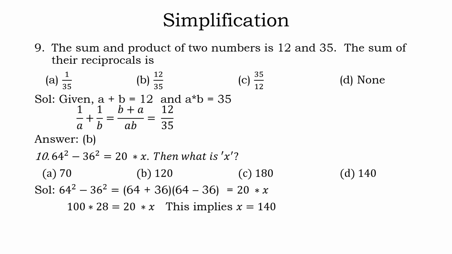So on simplification, 64 plus 36 is 100, 64 minus 36 is 28, equal to 20 into x. 20 divides 100 5 times, so 5 into 28, so x equals 140. So the answer is D.